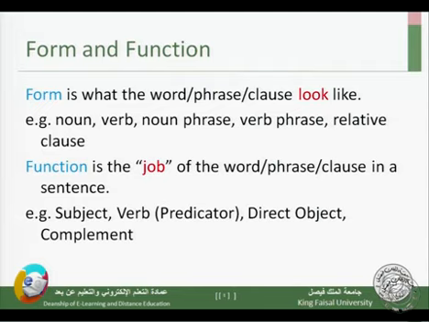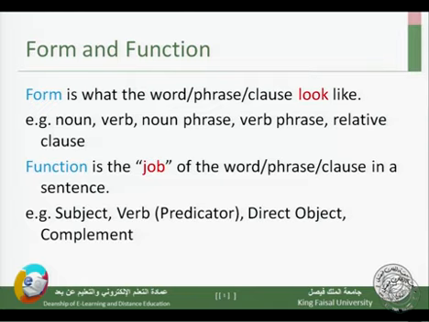In this lecture we will talk a bit about the difference between form and function in grammar. First of all, form is what the word, phrase or clause looks like. What a word looks like is called the word's form, and what a phrase looks like is called the phrase's form. For example, the term noun is the form of a word. We say that a word is a noun; this is its form.